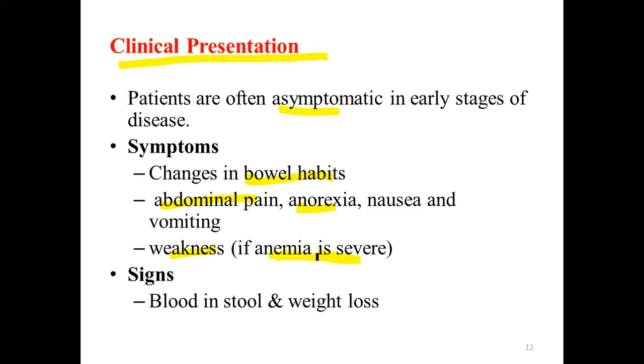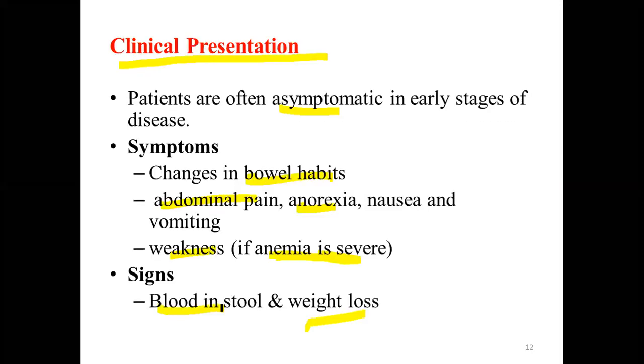But I don't think so, because she is also taking the Folfox regimen that can cause bone marrow suppression, and she might have bleeding. Then there is a possibility of anemia, and the patient can be very weak. Blood in the stool and weight loss are very common. Specifically, blood in the stool is very common.